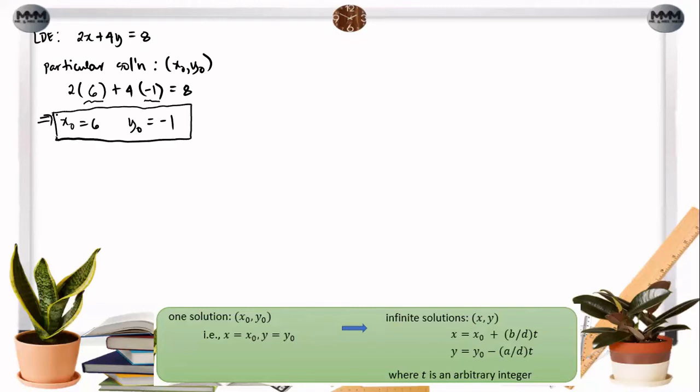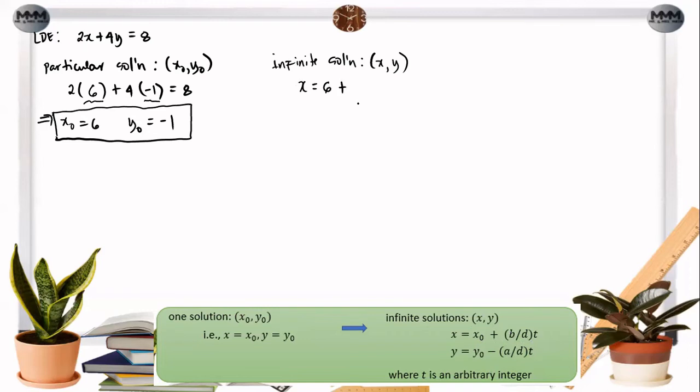So what will happen to our infinite solution in that case? Take note here for our infinite solution, the ordered pair (x, y). X can be written as x sub 0 plus the product of b over d times t. So here now, our x sub 0 is 6. So this now becomes 6 plus b over d.